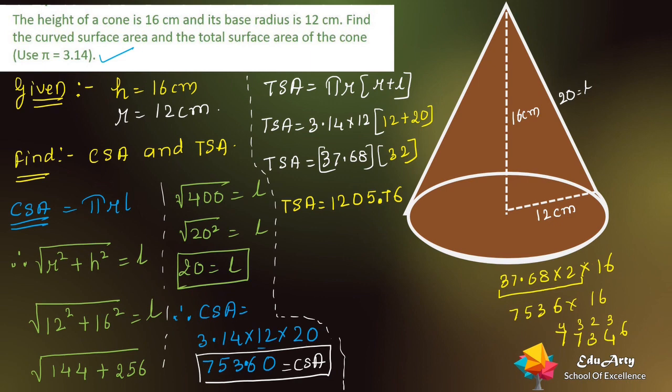So this is your TSA, correct? Therefore this is your answer. So this is your TSA and this is your CSA, correct? All right, I'll keep the calculation even.